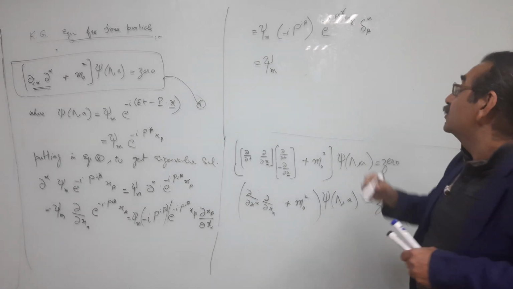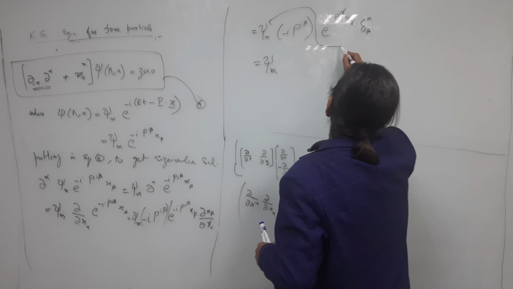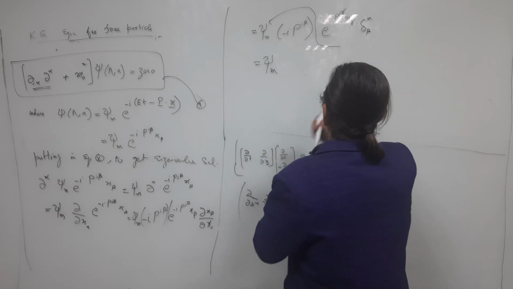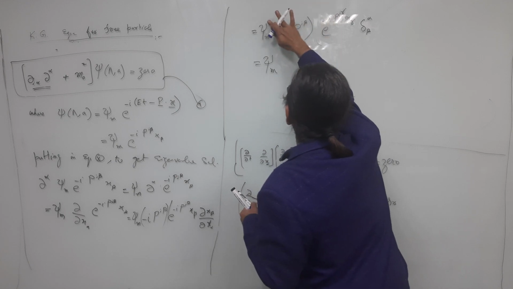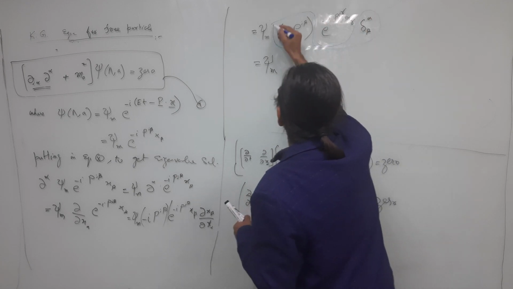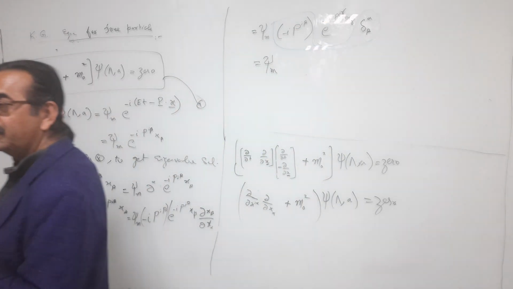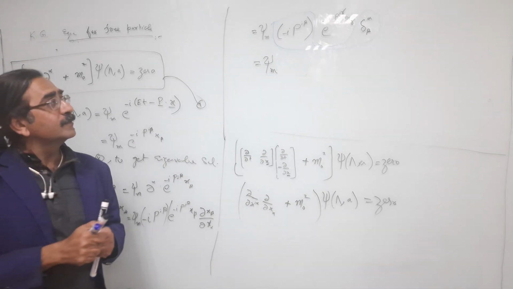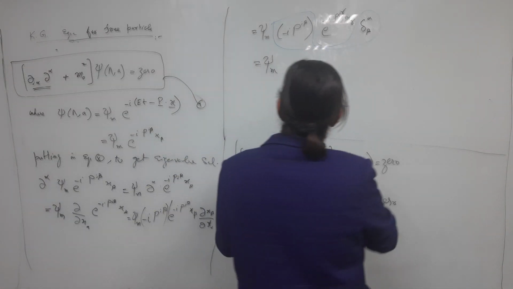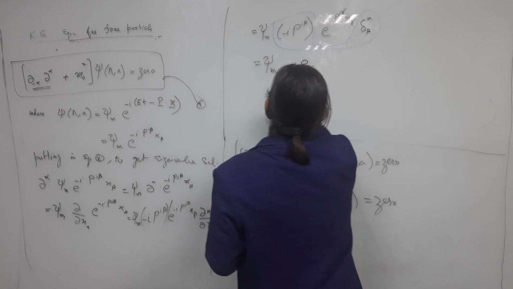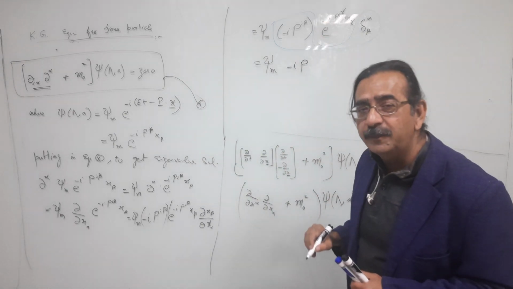Okay, got it? So this will be minus iota p.